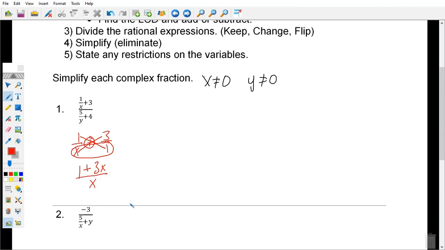There you go. Left to right, you cross multiply left to right. So 1 times 1 plus x times 3, because it was 1 over x. And then x times 1 is x. After you do that, you multiply the denominators.